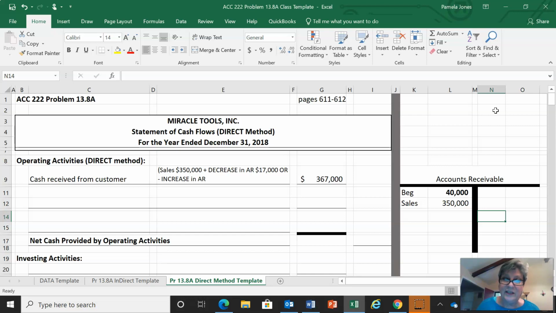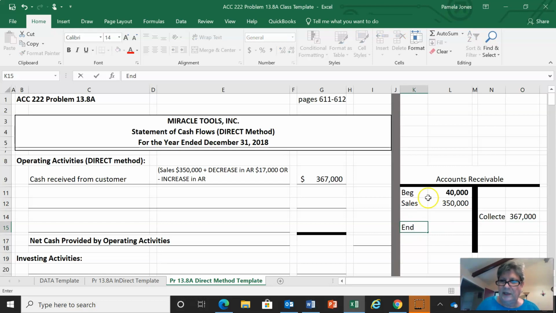And then we just figured out we must have collected $367,000 from customers. So we'll put that on the credit side because the entry to record collections from customers on account is debit cash and credit accounts receivable. And let's see if that explains our ending balance.